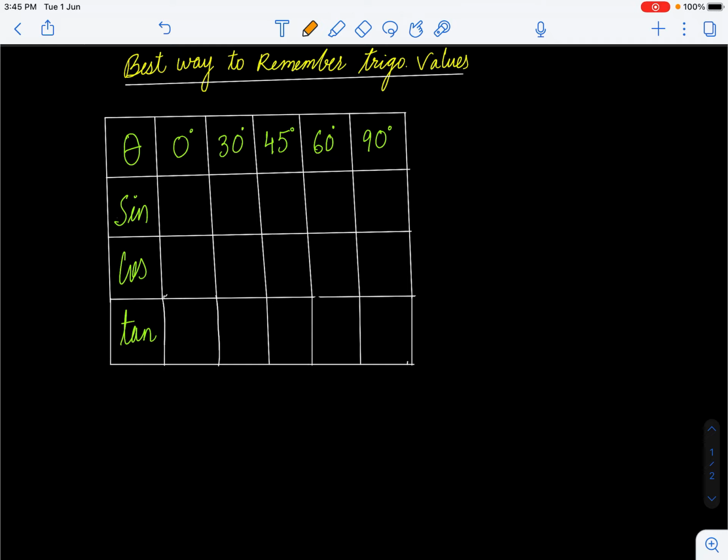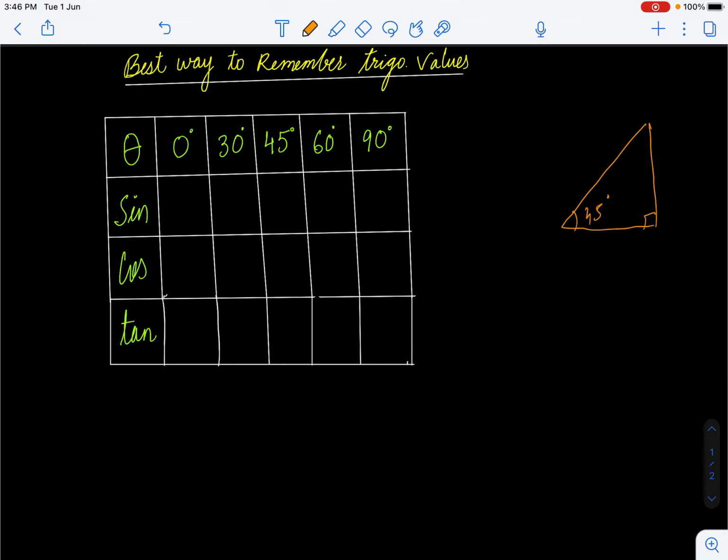And the ways that you learn in school is most of them is either you cram all the values, and by the end of the chapter or when your exam is there, we hope that we remember them. Or sometimes in some schools I have seen some teachers telling students to use triangles like this. You have to remember these triangles, these angles.